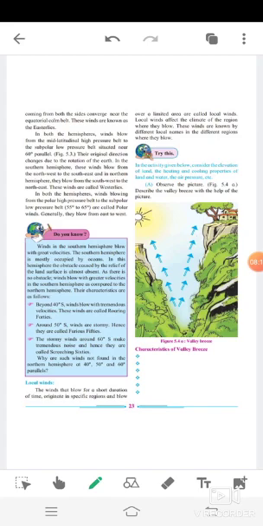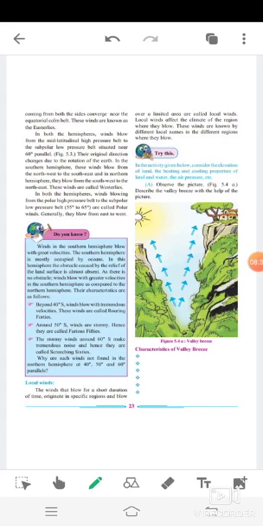In both hemispheres, the winds that blow from the polar high pressure belt between 80° and 90° parallels to the subpolar low pressure belt between 55° and 65° parallels are called the polar winds.